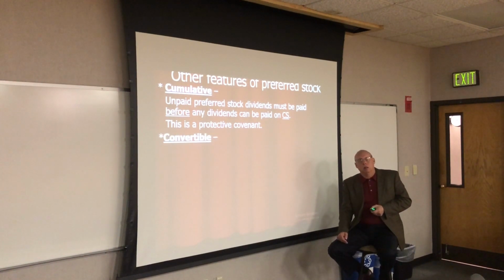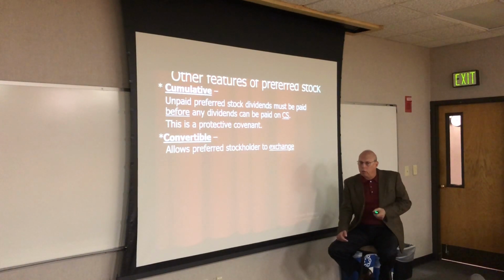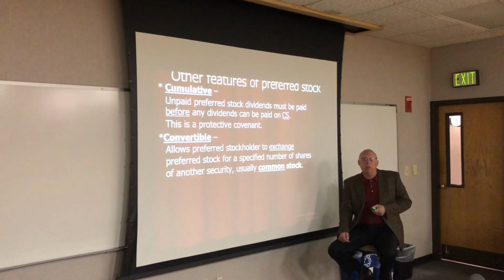All right, a lot of preferred stocks are convertible, and that means that the preferred stockholders are given the right in the contract to exchange preferred stock for a specified number of shares of another security, usually common stock. So the contract says that for every preferred share that you own, you can exchange that for a ratio, a certain number of shares of common stock.